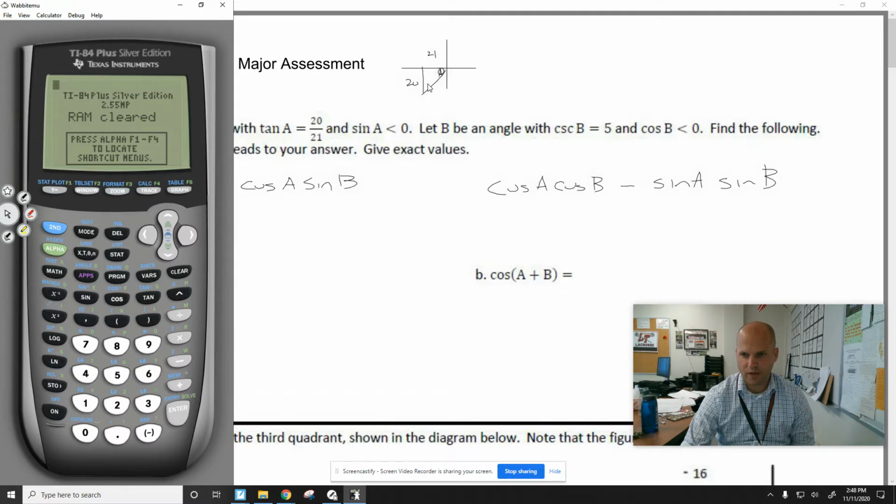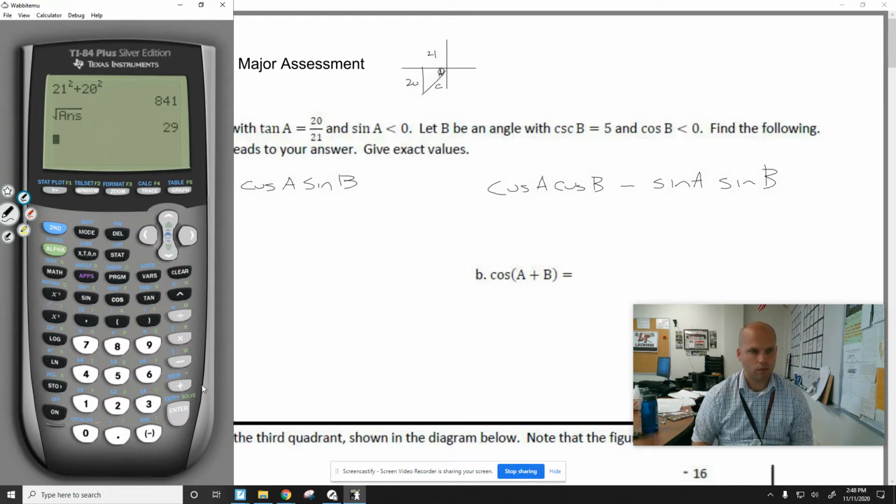And you can use the Pythagorean theorem. Remember Pythagorean theorem? A squared plus B squared equals C squared. C is the hypotenuse always. So I need 21 squared plus 20 squared, and I need to square root that. Oh, look at that, 29.